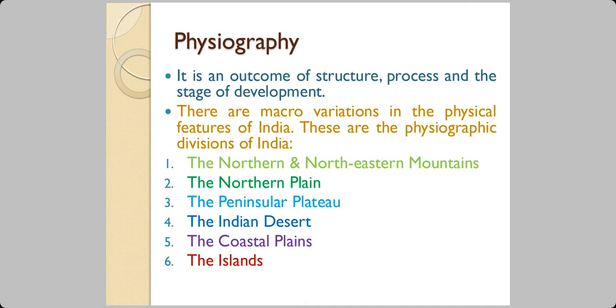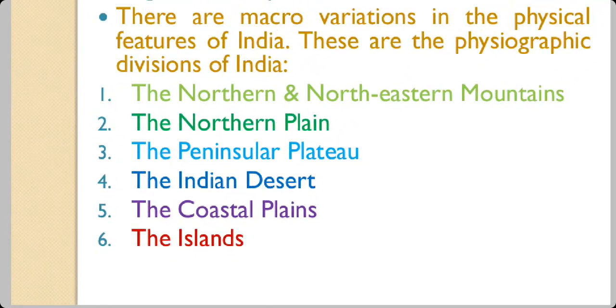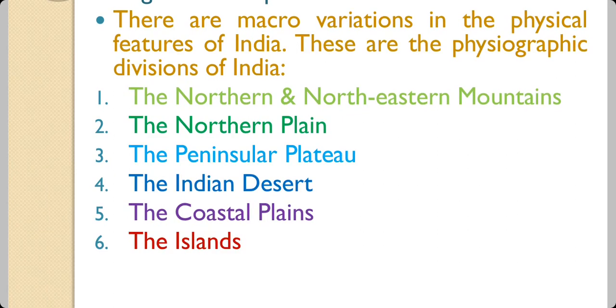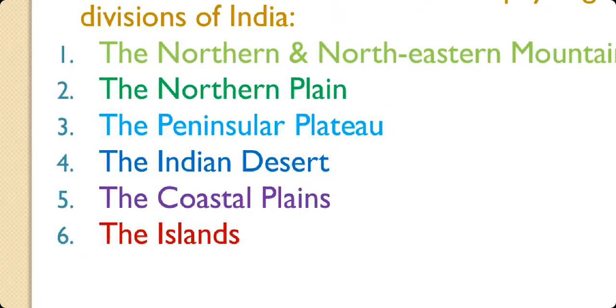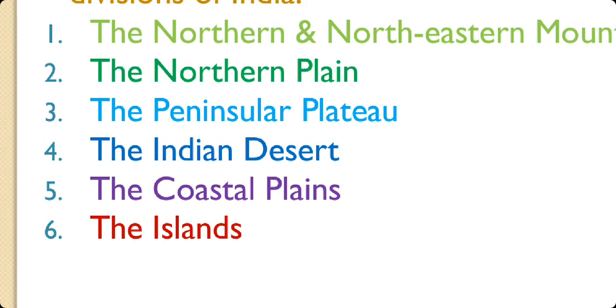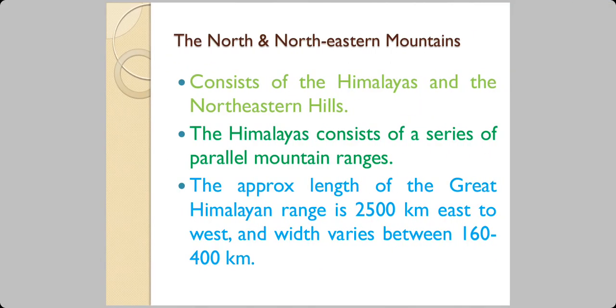Now, based on these variations, there are broadly these six physiographic divisions of India. We have the north and the northeastern mountains, and we have the northern plains, we have the peninsula plateau, we have the Indian desert, and the coastal plains, and of course the islands.